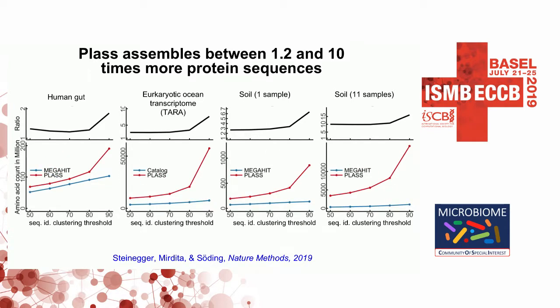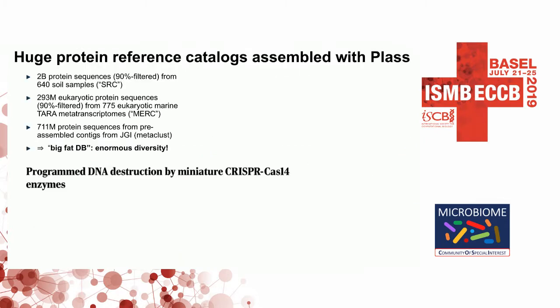You can see a similar thing depending on the clustering threshold. So we are not just assembling variations; when you reduce redundancy by clustering, you see that this factor really holds up. And so we use Plus to assemble huge data sets. From 640 soil samples, we assembled a huge data set of proteins that we called the soil reference catalog.